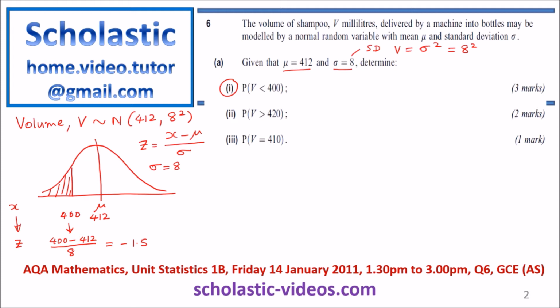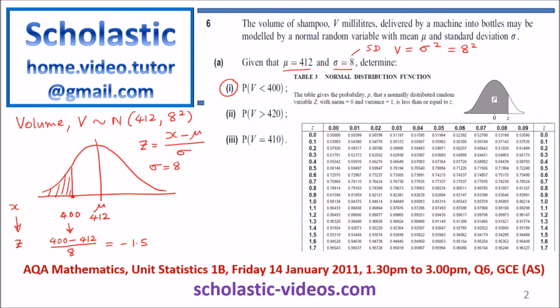Now our task is to find this area, for z equal to minus 1.5. If you look at our tables, the area is given for z being a positive value always, so we can calculate the area starting from z equal to 0 to some value.